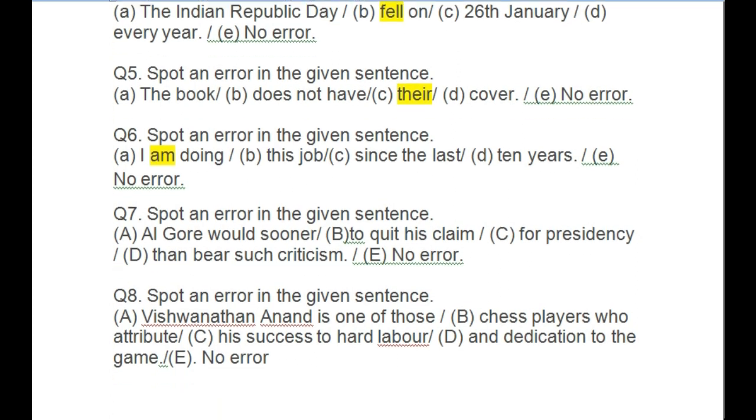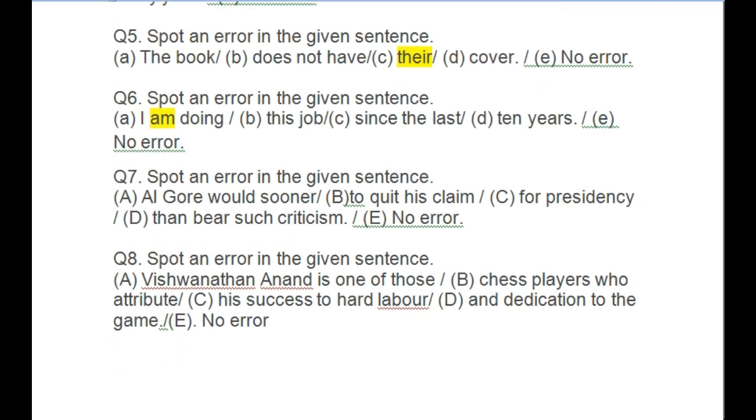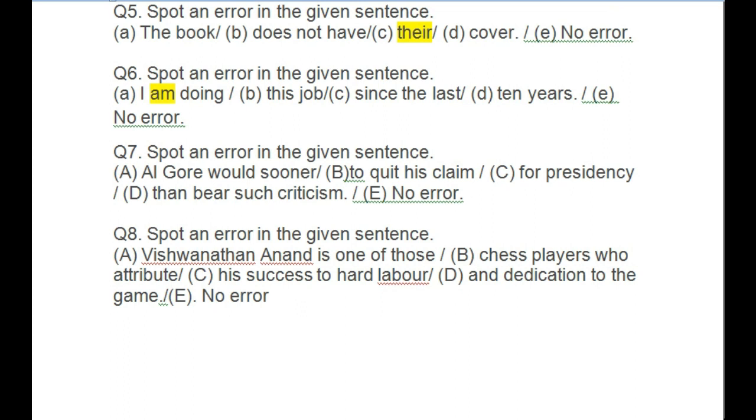Next question, question number 7, is spot the error again. "Al Gore would sooner to quit his claim for presidency than bear such criticism." This sentence has one error, and I'm giving you 15-20 seconds to find it. Please read the sentence carefully.